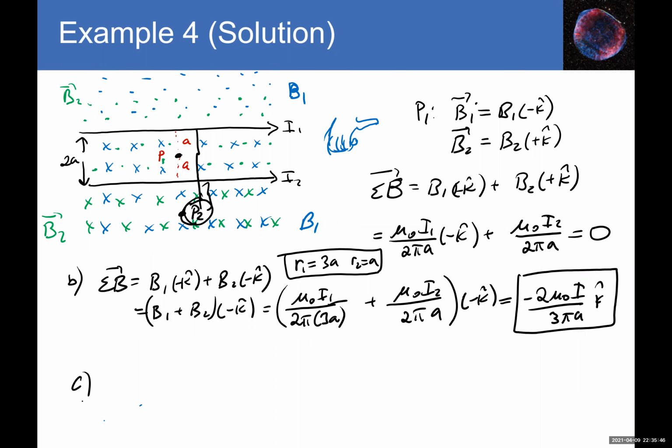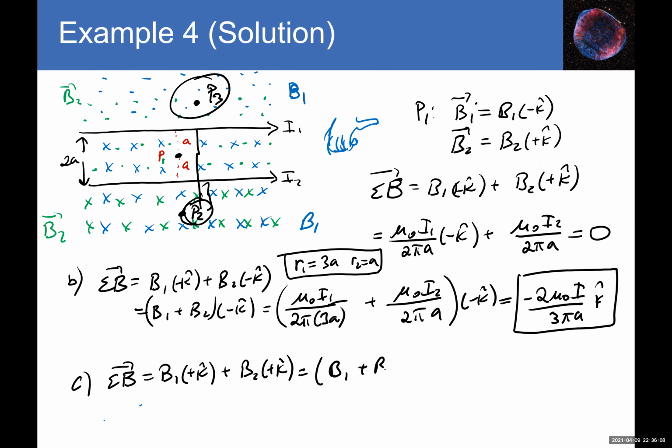For part C, I'm calculating for point 3. Here's point 3, somewhere over there. That means this is again the net magnetic field. B1, I can see here, is plus K hat, and B2, sorry, is also plus K hat. That means it's just B1 plus B2 times plus K hat.